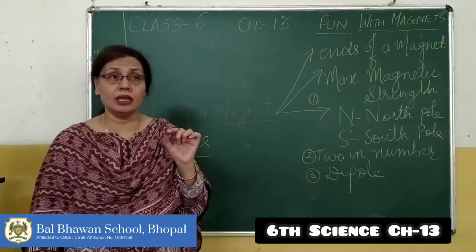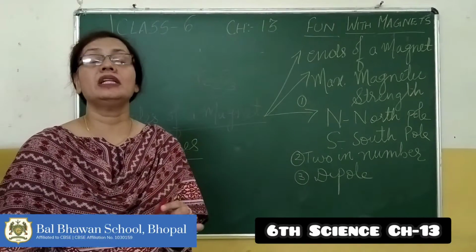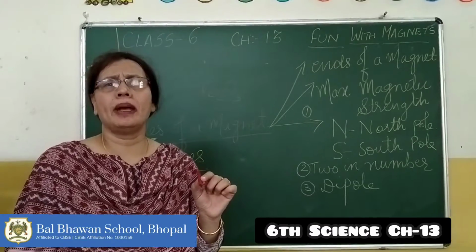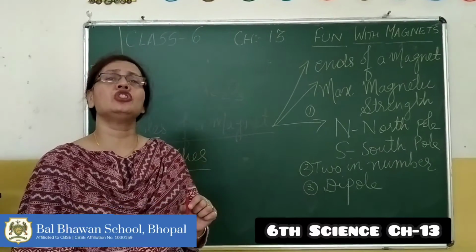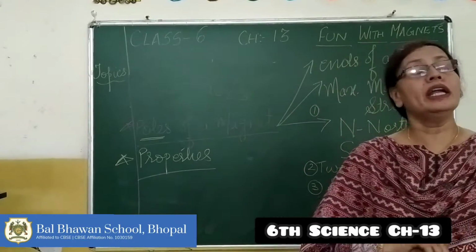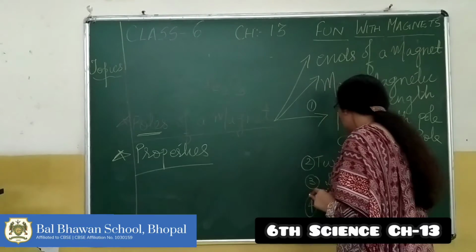It is not at all possible to get a magnet which has only one pole. You keep on breaking a magnet. The smallest piece which you will get will also have two poles. It is not possible to isolate the two poles.